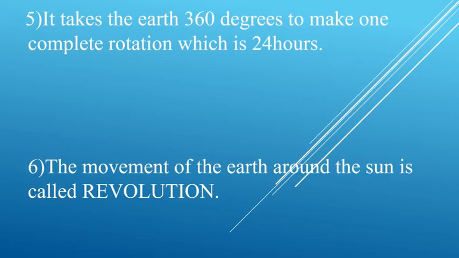But as I said, the short movement is known as rotation, and the long movement is known as revolution. And the Earth takes a maximum of 365 1/4 days to make a complete revolution. That is about a year to make a complete revolution around the sun.